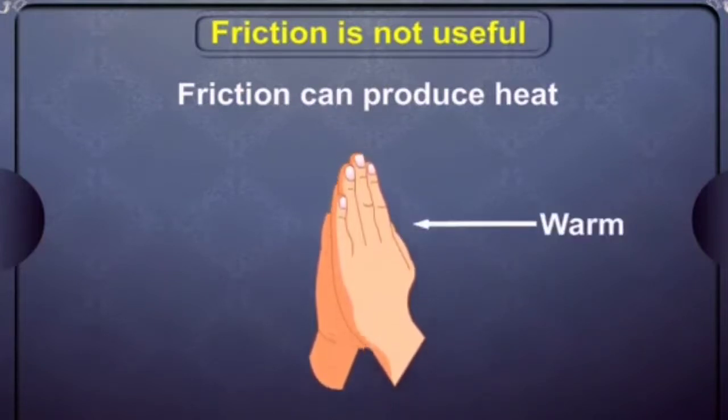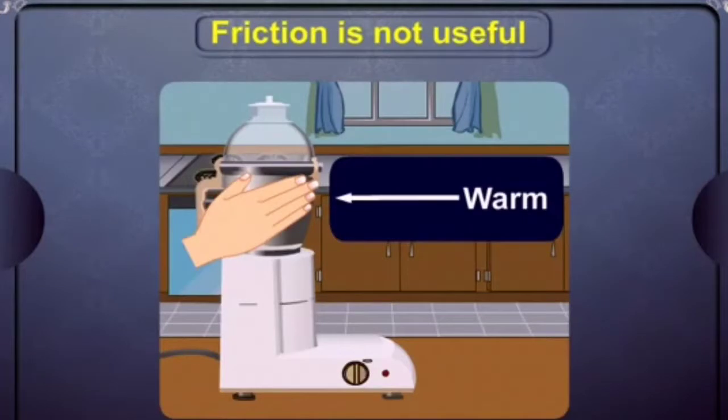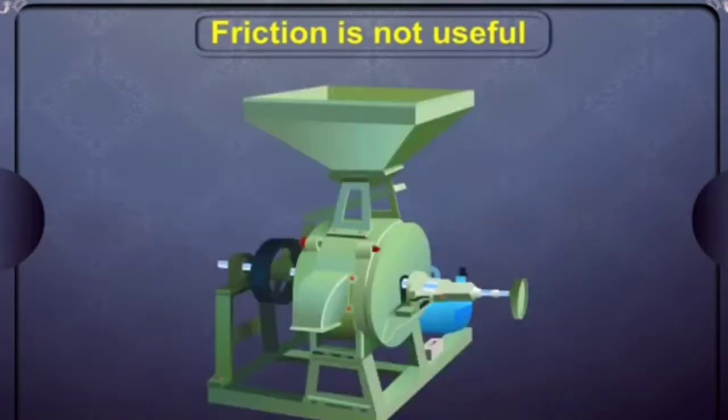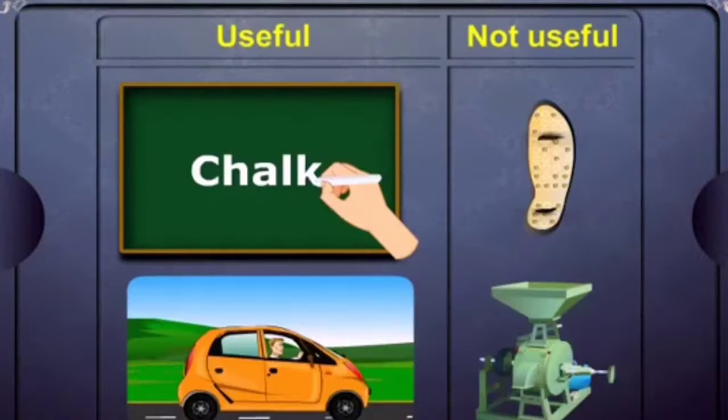You must have also noticed that the jar of a mixer becomes hot when it is run for a few minutes. Similarly, when a machine is operated, heat is generated, which causes wastage of energy. In such cases, we need to minimize friction. Thus, we learned that as there are two sides of a coin, friction is useful in some cases, whereas it is not beneficial in others.